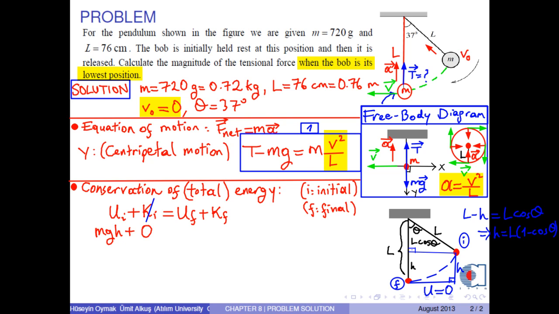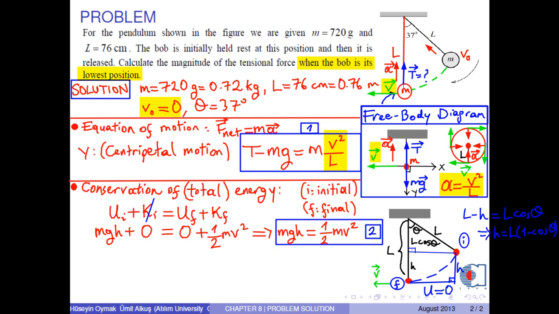The final potential energy of the bob is zero. And the final kinetic energy is equal to 1 over 2 times m times v squared. As a result, the conservation of total energy can be written as m times g times h equals 1 over 2 times m times v squared.